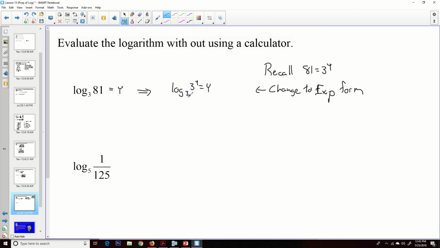Why? Because if I change this to exponential form, and this is a 4, I get 3 to the y equaling 3 to the 4. Now this thing becomes very easy to solve. Since the bases are the same, the exponents have to be the same. Y equal to 4, that's what we're trying to find for y, so we know that we're done.